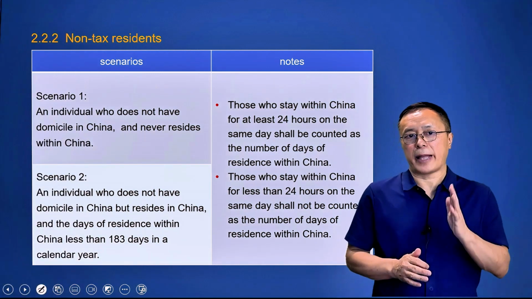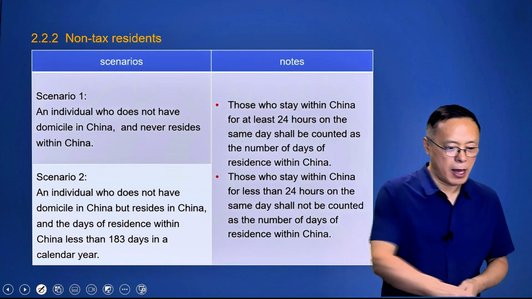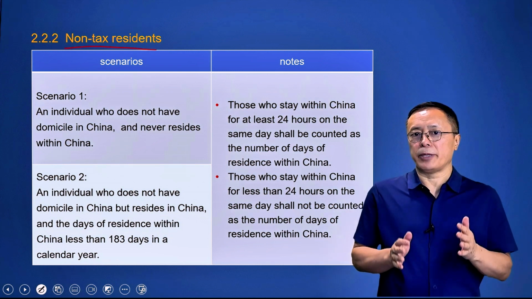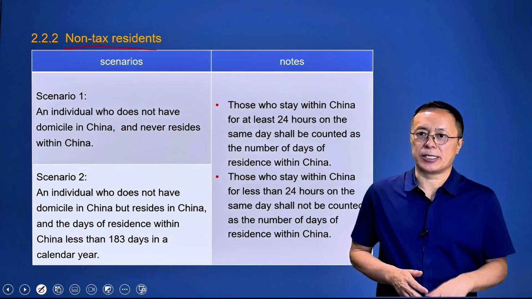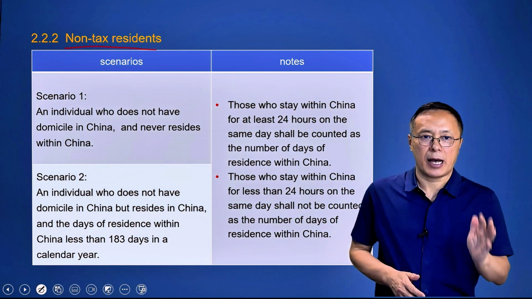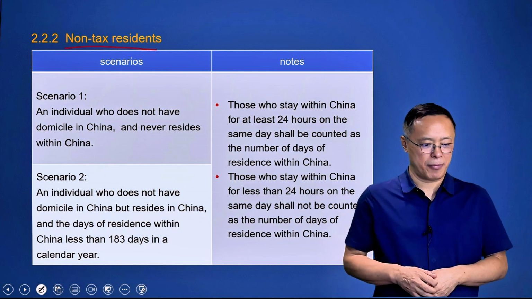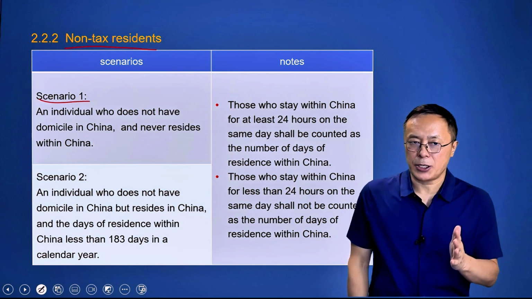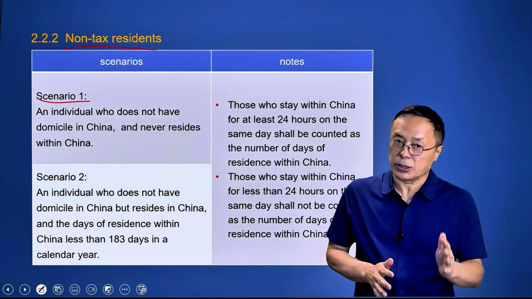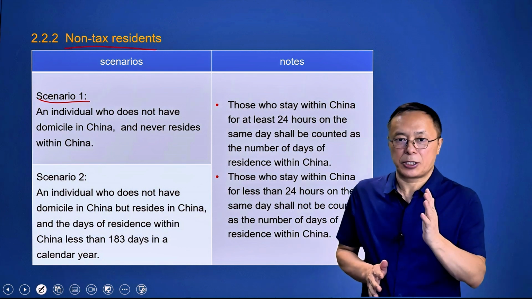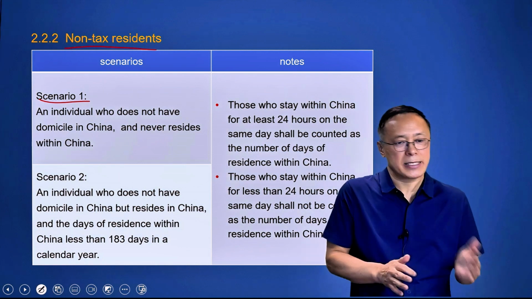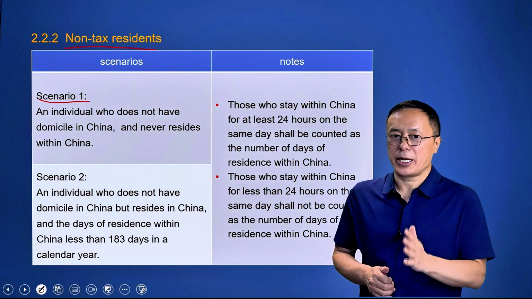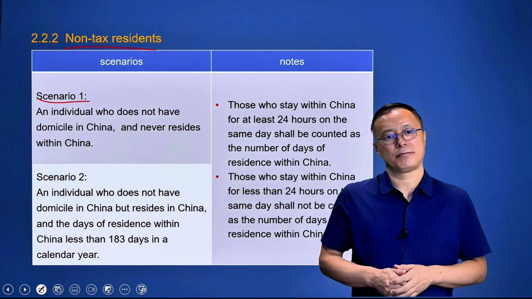Now we talk about the next type of taxpayers, non-tax residents. Individuals who meet any of the following conditions can be considered as non-tax residents of China. Scenario 1. An individual who does not have domicile in China and never resides within China. Then he or she is a non-tax resident.